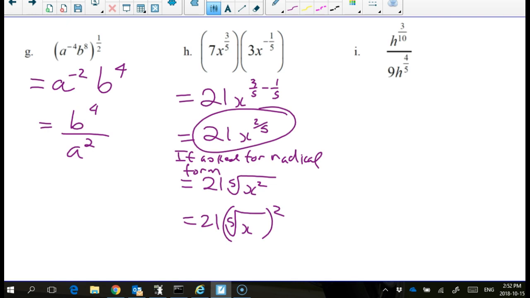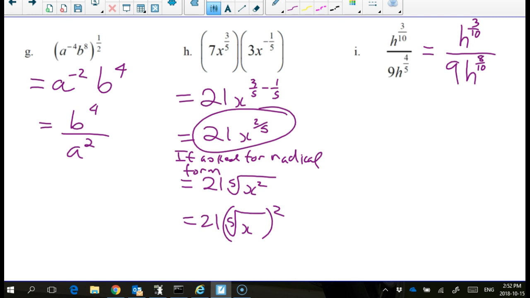So what do we end up with? What can I do to make this easier? Convert the 4/5 into 8/10. We know we're working with exponents, and in this case we're going to have to subtract, because we're dealing with a quotient.